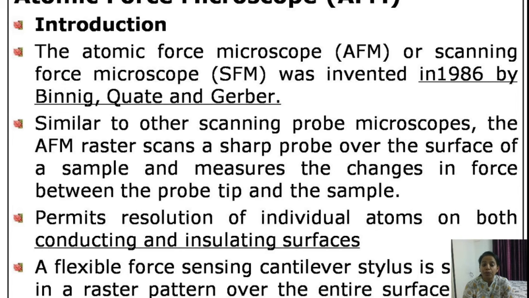It permits resolution of individual atoms on both conducting and insulating surfaces. This is a very important application of AFM, in which a flexible force-sensing cantilever stylus runs over the surface in a raster pattern over the entire sample.